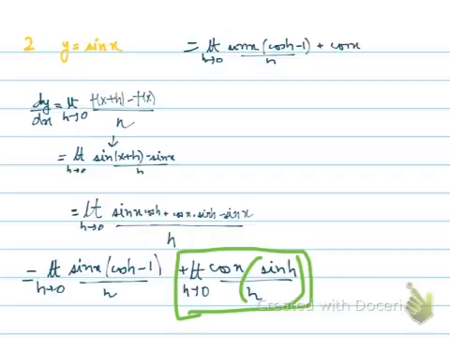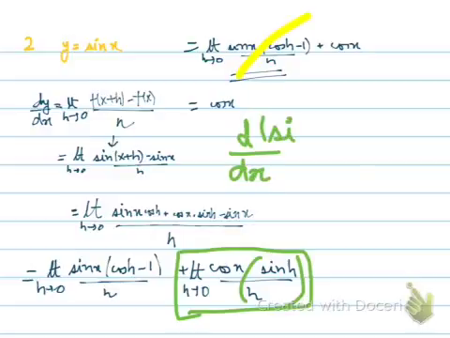Now if you remember, we have done this limit, and this limit is equal to 0, so I can cancel out this limit, and we are left with cos x. So that is the derivative of sin x. So the derivative of sin x with respect to x is equal to cos x.